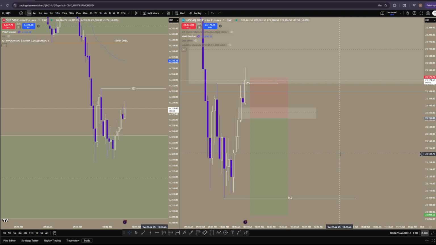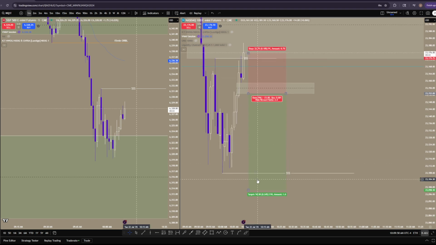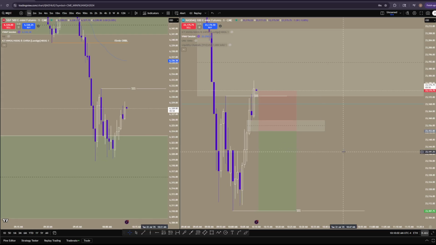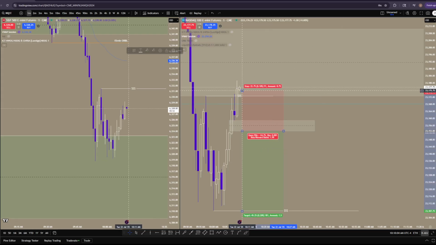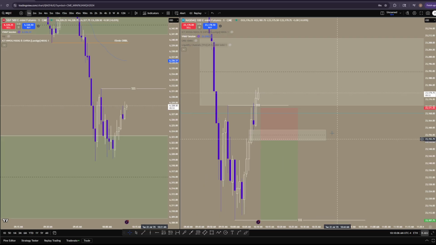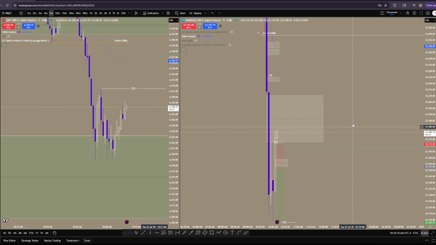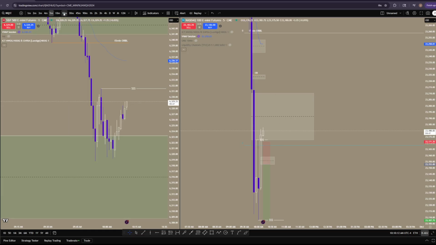Still have SMT here. So I can't even think about shorting that or longing this until we get some kind of higher time frame or 5-minute inversion.